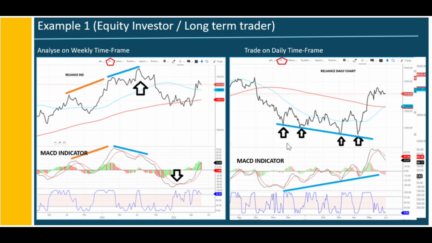Just wait for the MACD signs, and once MACD starts showing you the divergence and convergence, start making your decisions. If you had bought Reliance by averaging out like this, as you see, Reliance has moved really forward. This would have given you a nice move and a nice profit in your trading.